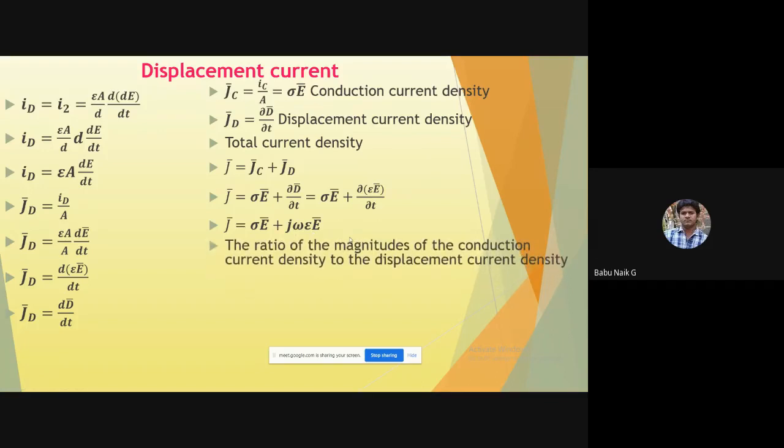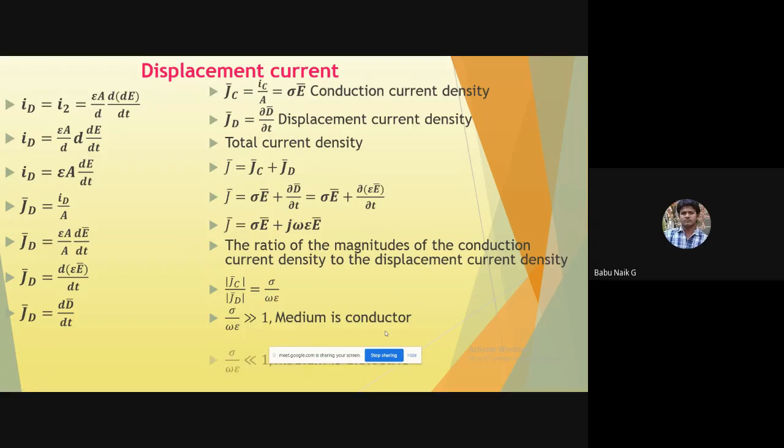Now you can take the ratio of the conduction current and the displacement current, which you can calculate as sigma by omega epsilon. So with respect to the angular frequency, the input signal also changes. That is Jc by Jd equal to sigma by omega epsilon. If sigma by omega epsilon is greater than 1, then the medium is called a conductor.